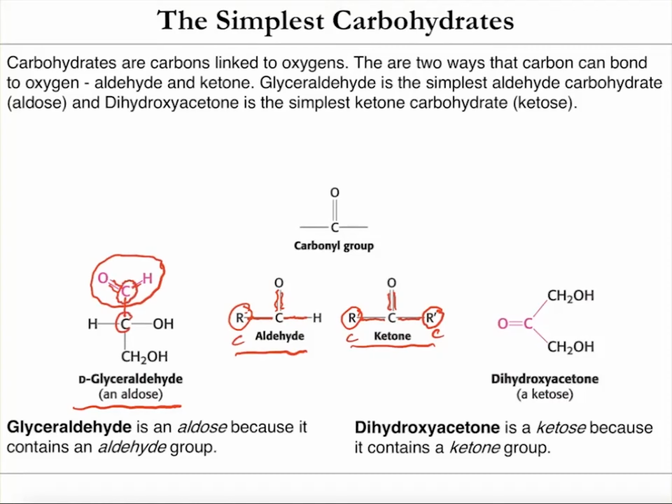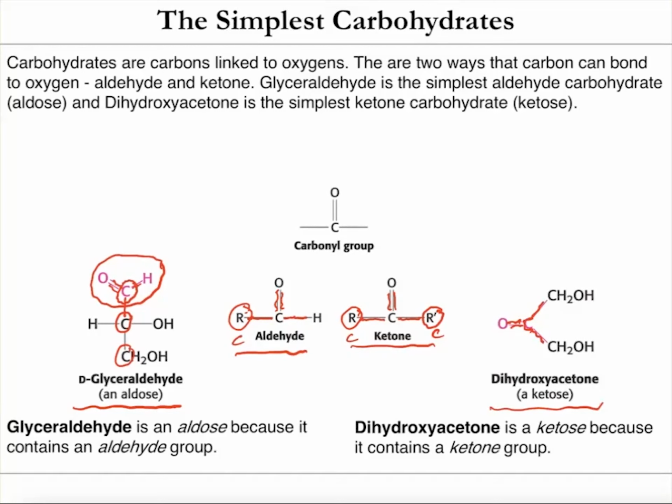It has 3 carbons, all attached to oxygens, and it's called glyceraldehyde. That would be an aldose because it's an aldehyde sugar molecule. The simplest ketone would be this dihydroxyacetone molecule. It's a carbon double bonded to an oxygen and then bonded to 2 other groups that aren't hydrogen.